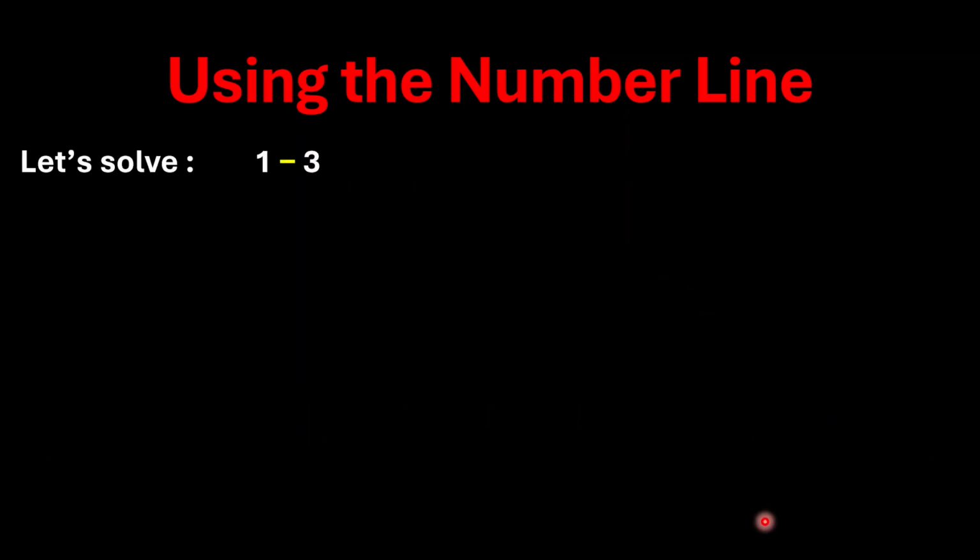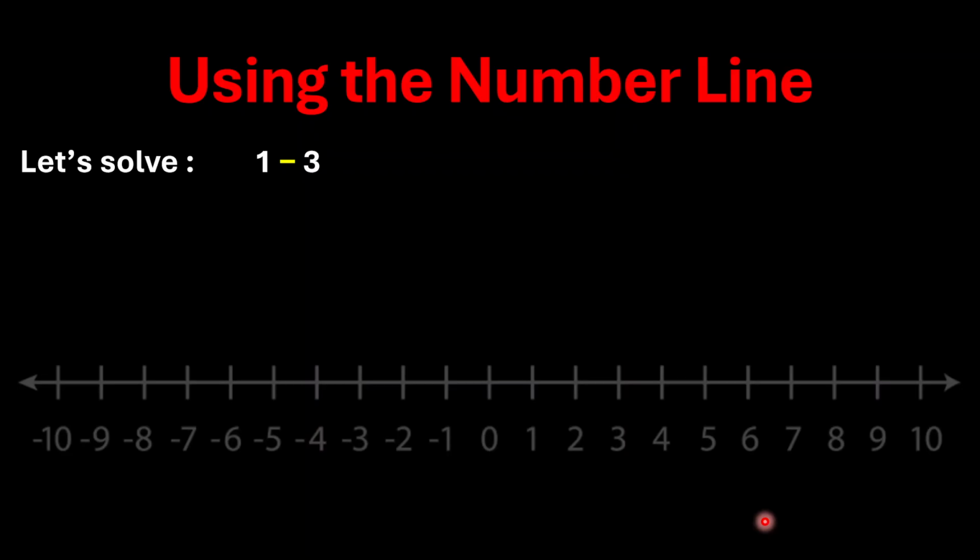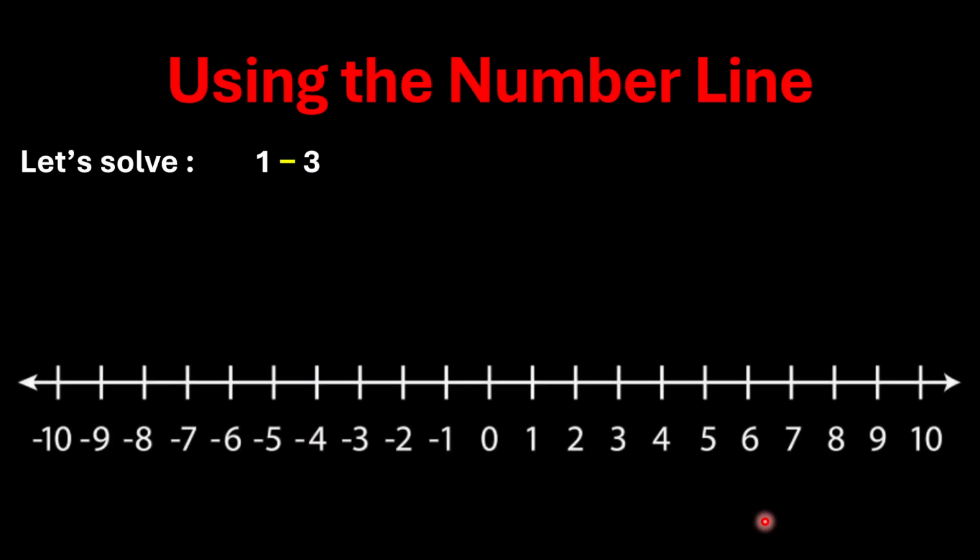Another example, 1 minus 3, using the number line, starting at 1. And here it's different from the first example. So 1 minus 3, we are subtracting a positive number, which means move to the left. So here we move to the left.